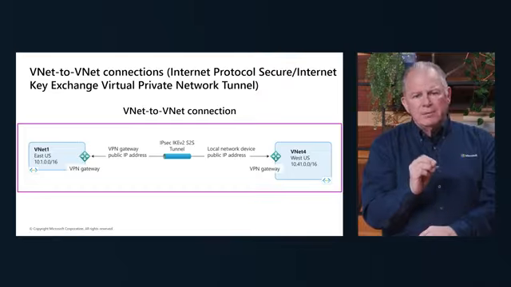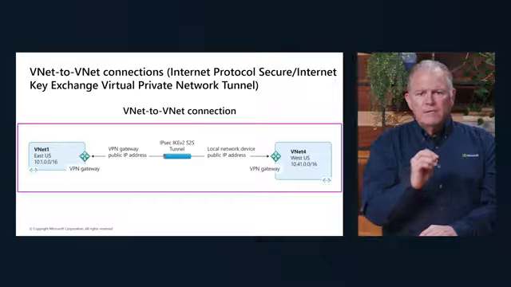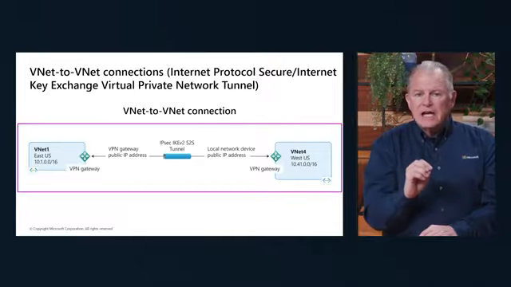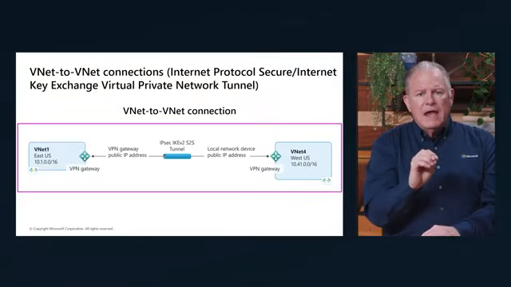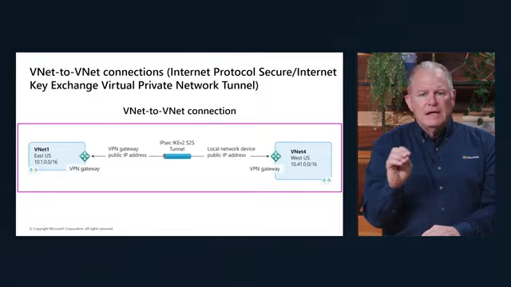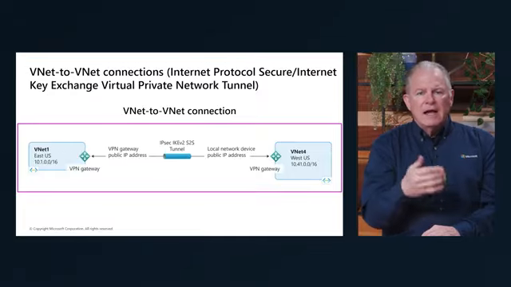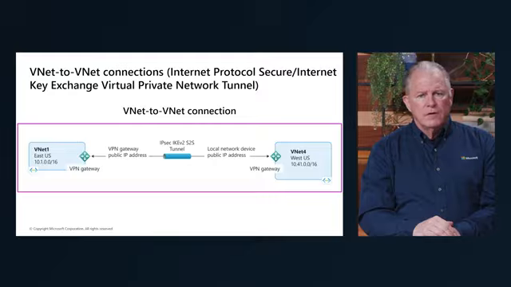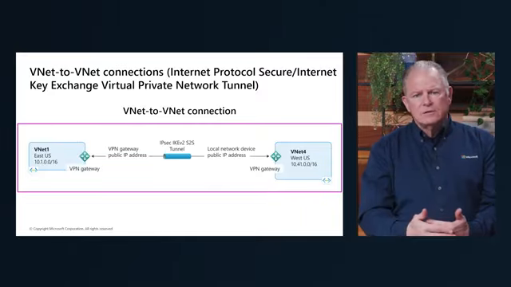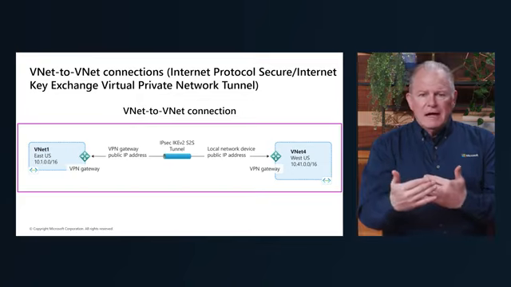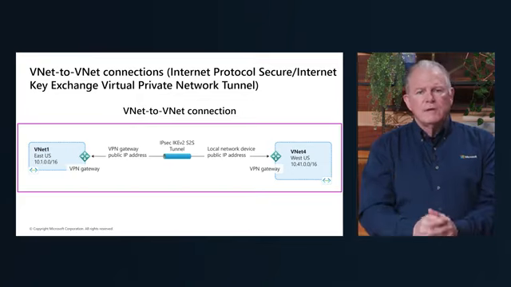If I need to implement encrypted traffic for my VNet communications inside of Azure, the only way you're going to be able to do that is to use this VNet connection, and you would have to create a VPN gateway in those two VNets and connect them, and then you're going to get the tunneling protocol and the encryption that comes along with that. Now, we're providing new advances to this all the way along, adding new features, but right now this is the way that this is set up.